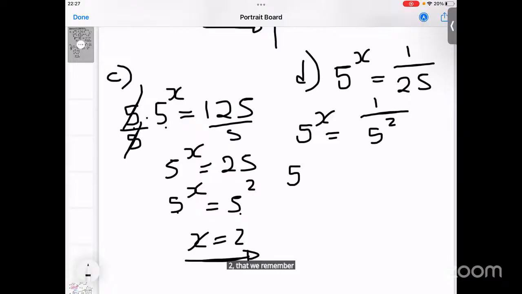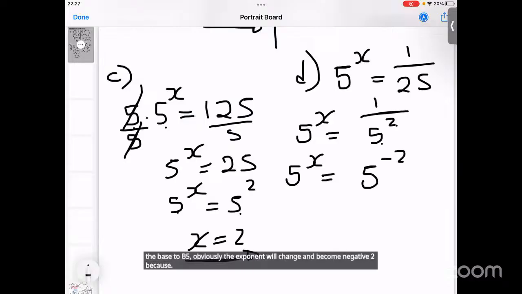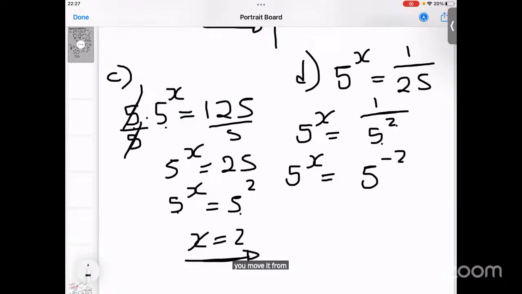So now we might need to rewrite this as that being the base to the exponent of that, but let's rewrite it such that now we want the base to be 5. Obviously the exponent will change and become -2, because you move it from the denominator to the numerator.